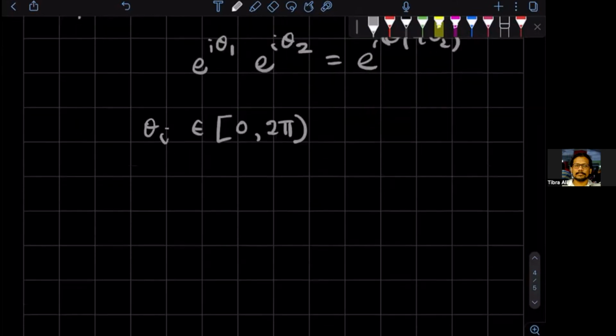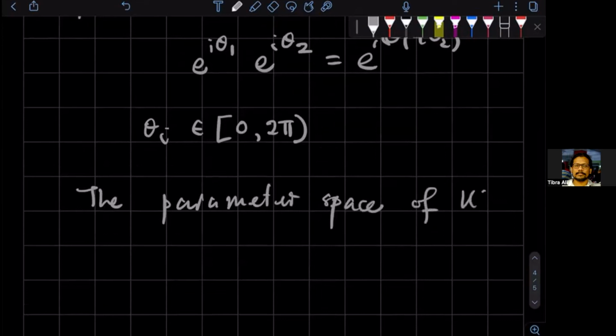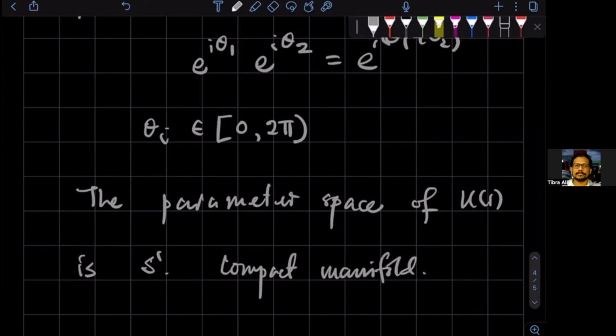So this means that the parameter space of U1 is a circle, right? Which is a compact manifold. So the topology of these two different continuous groups is different. Okay, although locally, they're essentially the same. You're just adding two real numbers.